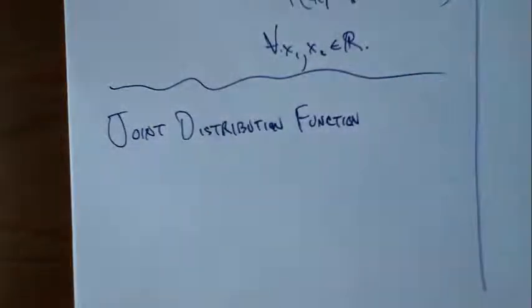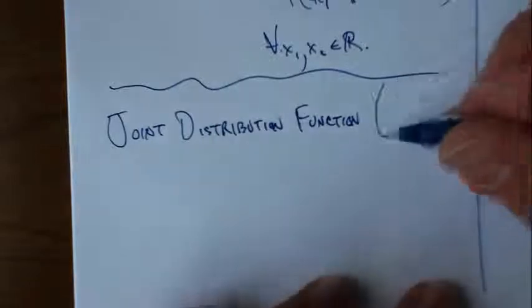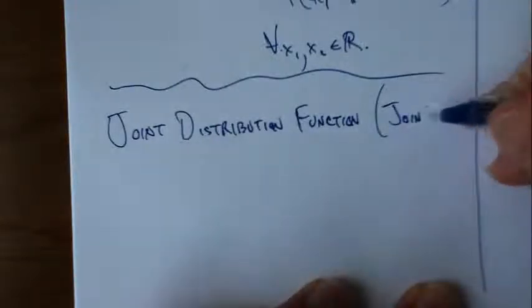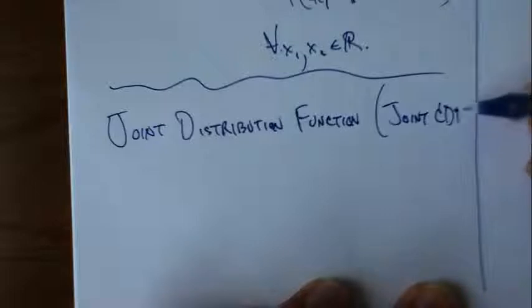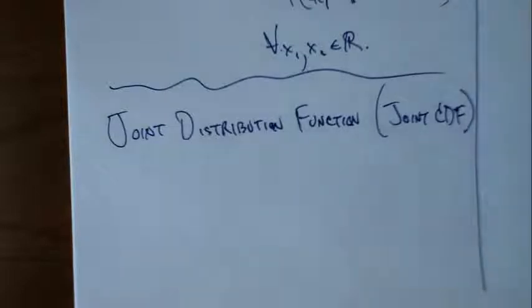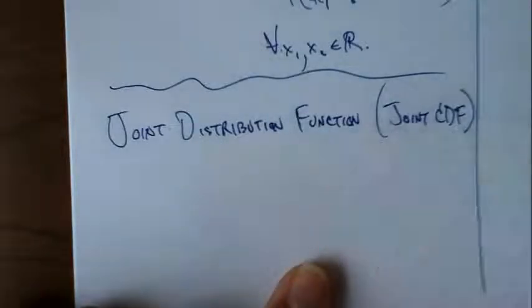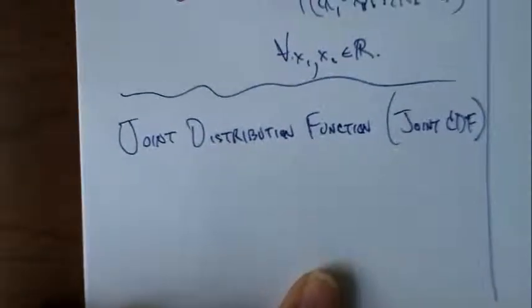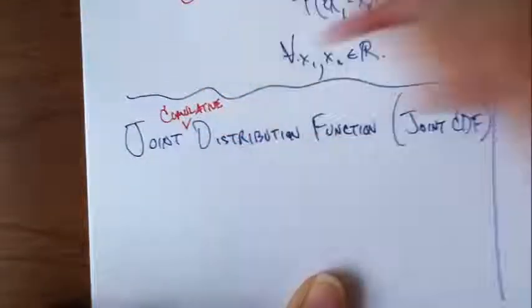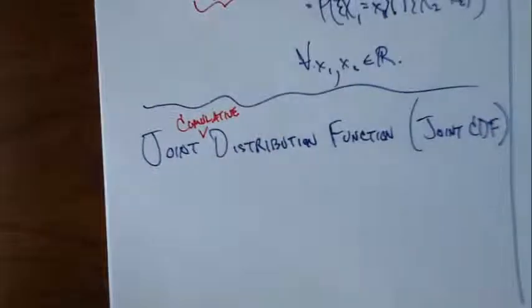Sometimes we say joint CDF, which is not short for joint distribution function, but sometimes we just say distribution function when we actually mean cumulative distribution function. So sometimes we say cumulative, sometimes we don't.